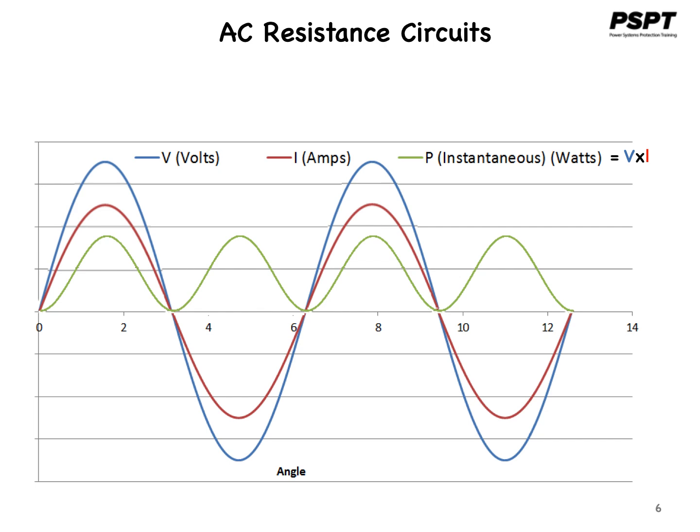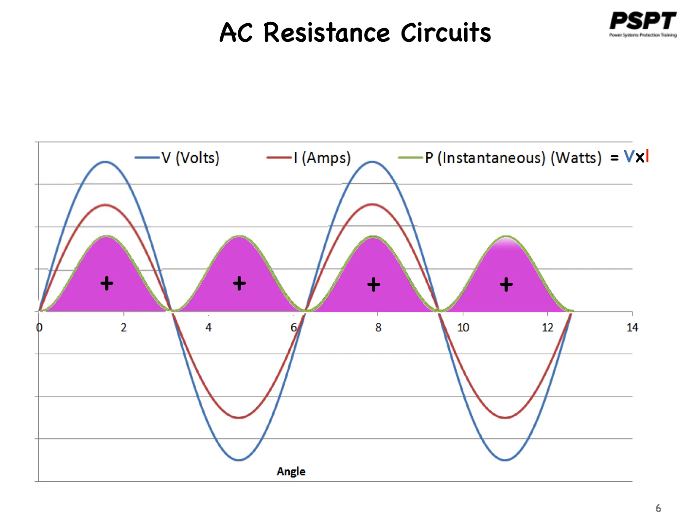Conversely, when the current is negative below the line, the voltage is also negative, which means the result is positive and it will yield a positive value for power. A negative number, remember, multiplied by a negative number equals a positive number.